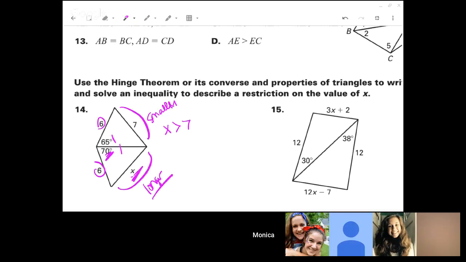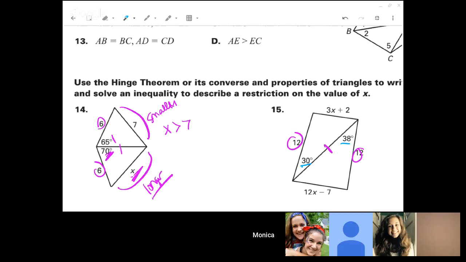So then we're going to do the same thing over here on 15, except there's going to be a little more work to do. So on 15, we have a congruent side here and here, right? And then we also have this side in the middle. So the angle that's included between those congruent sides is going to be our 30-degree angle here and our 38-degree angle. So which side is going to be longer?